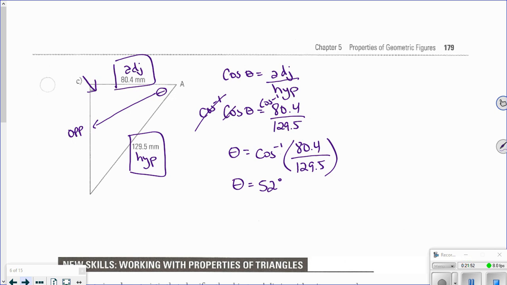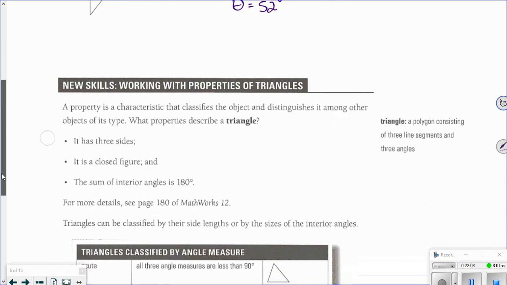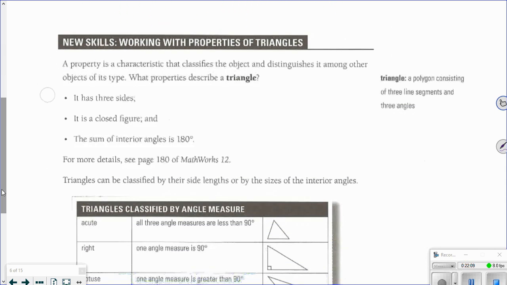Okay, so that's it. That's the review of sine, cos, and tan, as well as Pythagorean theorem. The rest of this is new stuff for this year, but not necessarily new to you. Some of this is hopefully familiar. Okay, so your new skill is working with properties of triangles.